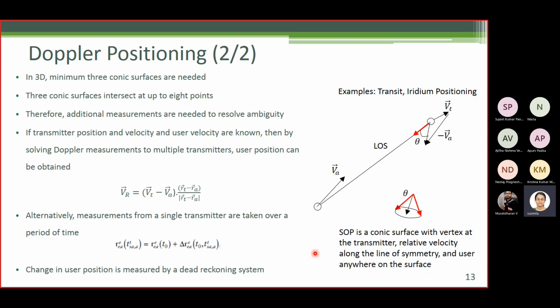Transit was used by US submarines. They used Transit to determine 2D position and also to correct INS error. Submarines will come to the surface at some regular intervals to correct for a few different things.